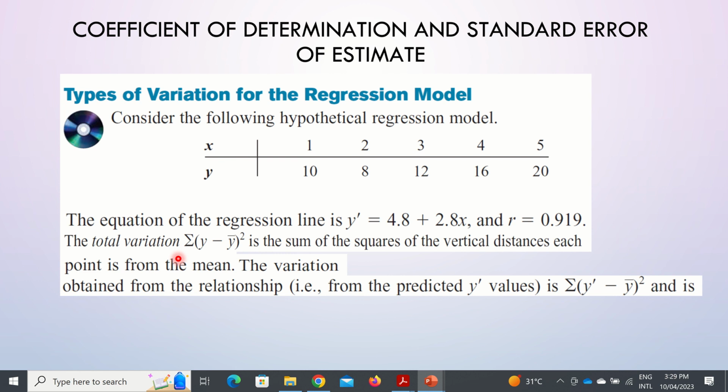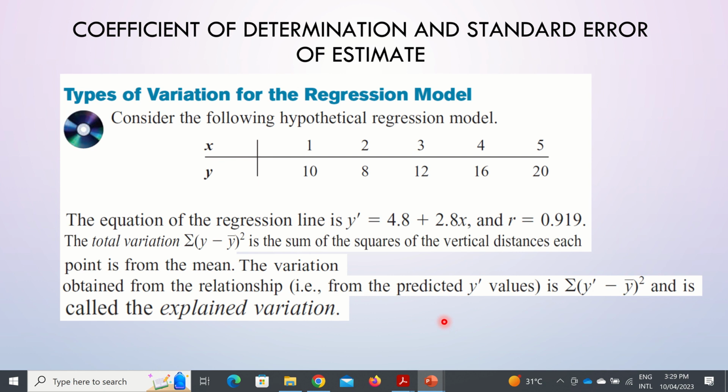And if you do the same thing for the predicted value, what would happen? We call this explained variation, right? So if this quantity is as minimum as possible, obviously you see that y dash is properly explaining the whole data. Keep one thing in mind, it must be noted that the mean, that's y bar, for the observed data and for the predicted data is always the same.